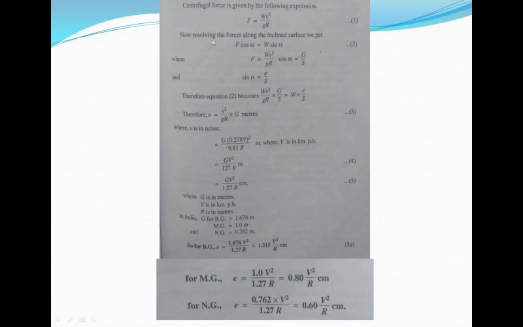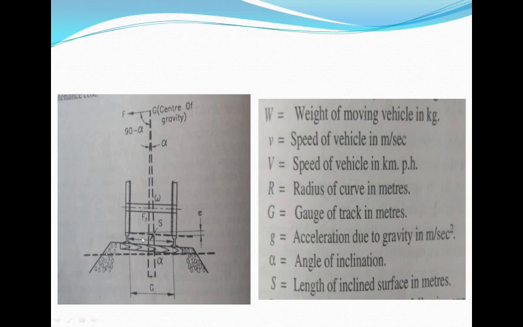the resolution of force in the inclined surface, that is F along the horizontal axis, and W along the vertical axis. In your engineering mechanics or elements of civil engineering, you have studied the resolution of a force along the horizontal component as cos theta, along the vertical component as sin theta, right?